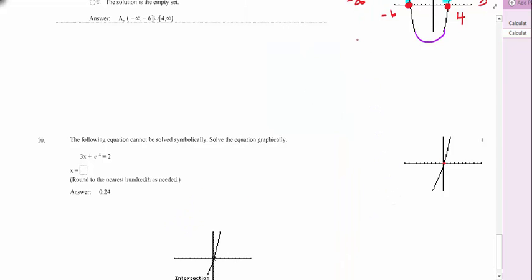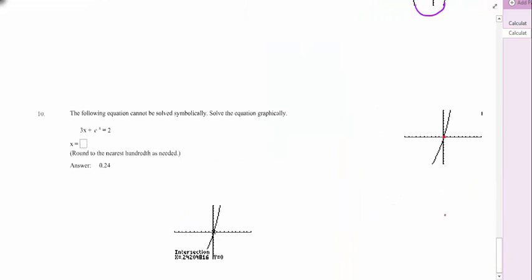Put that down there, and it says round to the hundredths. So we're looking at this, and we know it's 0.24, which is the answer that's given. Okay, so I think if you practice with this and go through the items we've talked about, you should be great on the calculator exam.